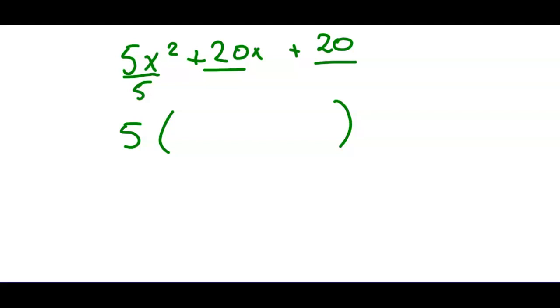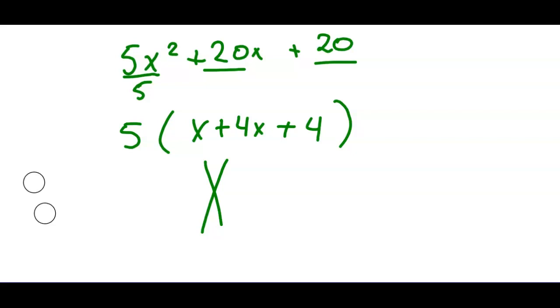What's going to be inside here? And so you're going to factor this. You're going to do diamond and box with just that under that. When you write your answer, when you write the two things being multiplied, throw a 5 in front of it. Deal?